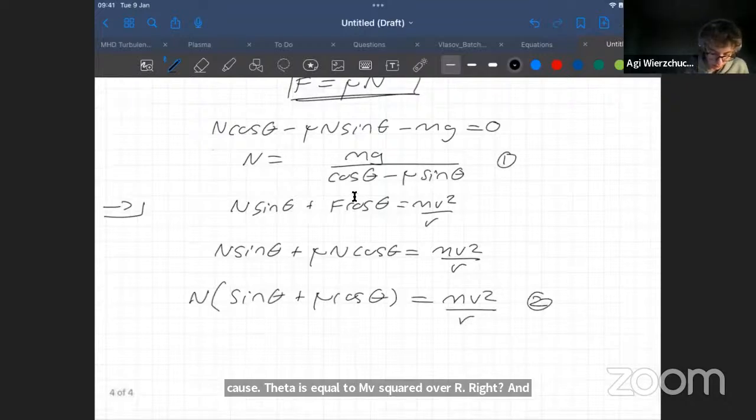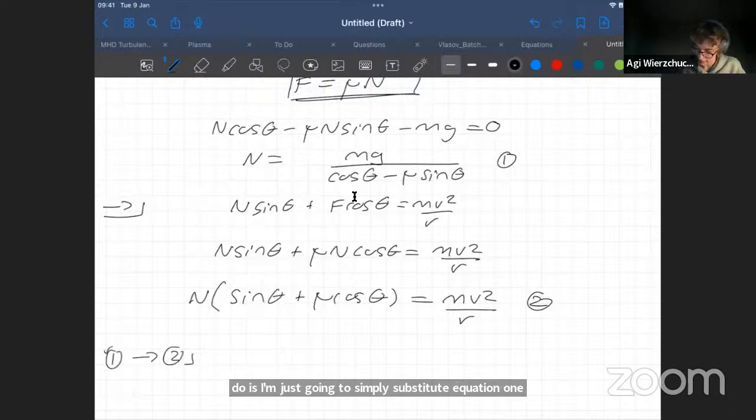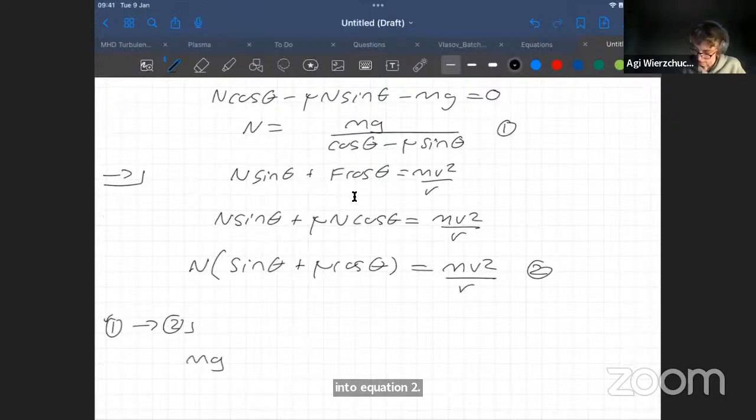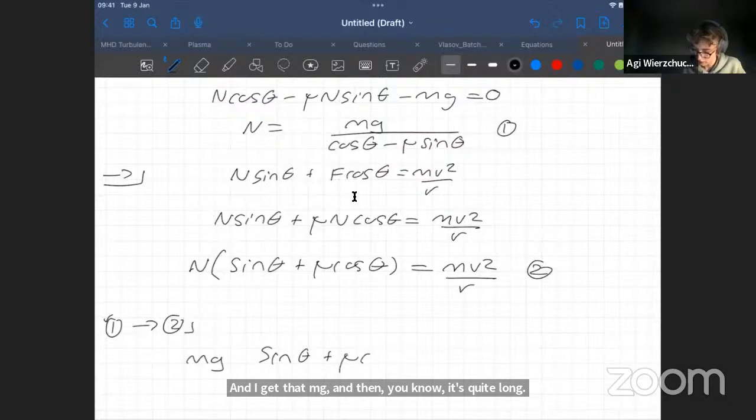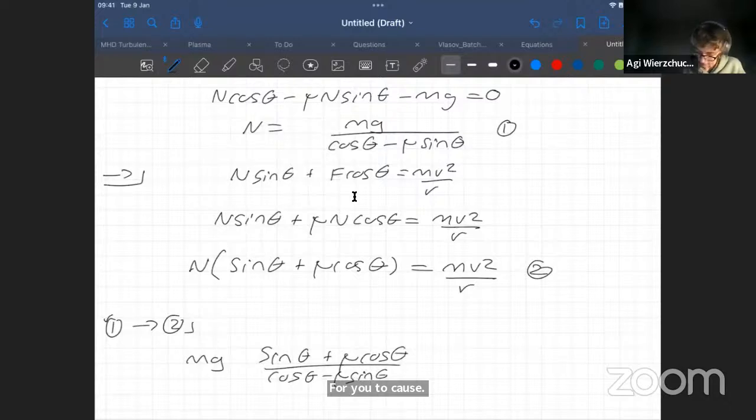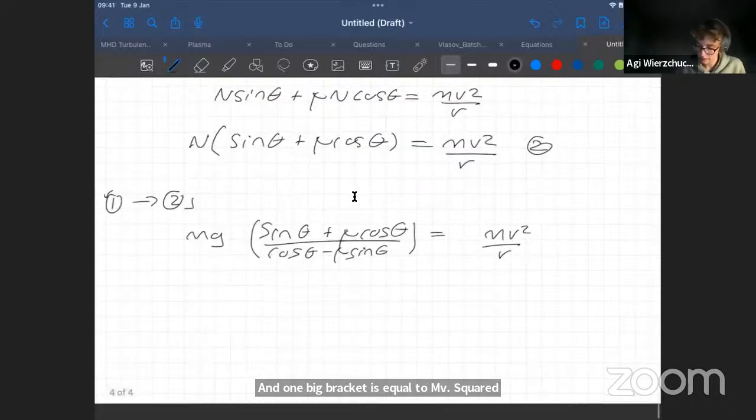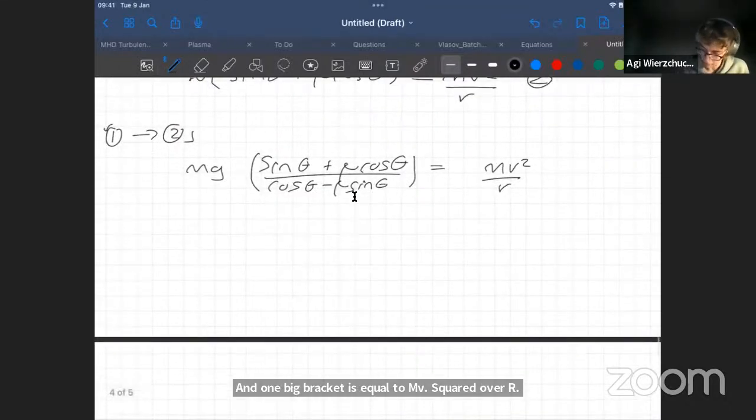So what I'm going to do is simply substitute equation 1 into equation 2, and I get mg, and then it's quite long, so sine theta plus mu cos theta over cos theta minus mu sine theta, in one big bracket, is equal to mv squared over r. And then finally, just to arrange it, because remember, we want the speed.